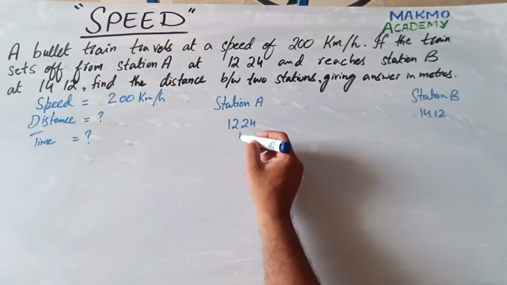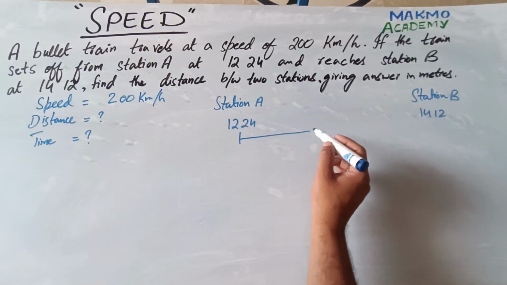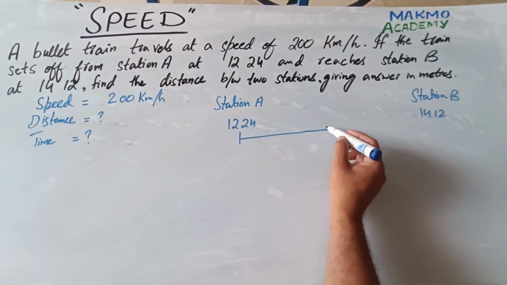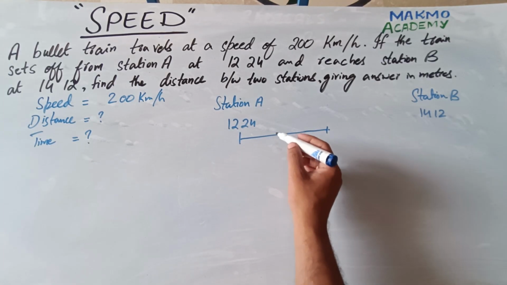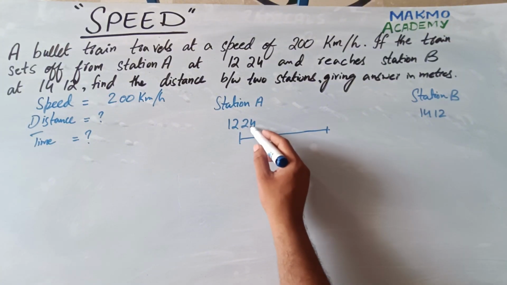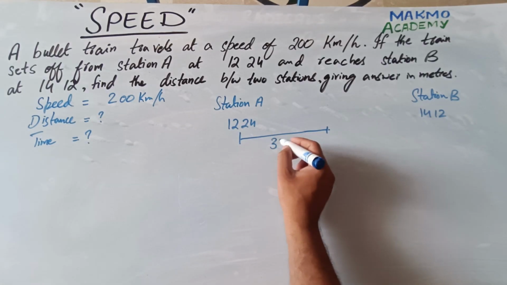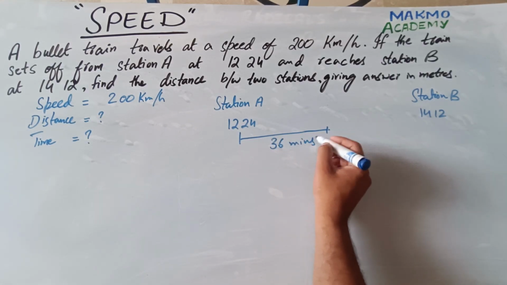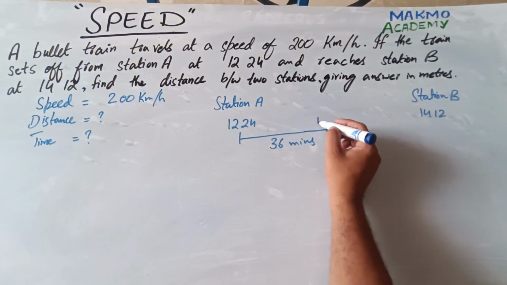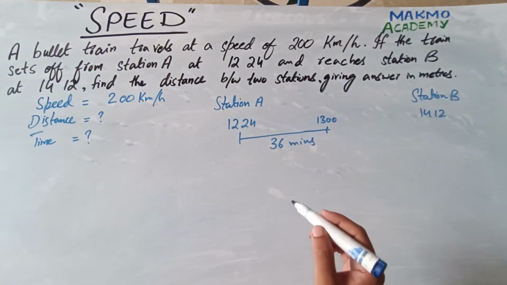So which means that first of all we need to add how many minutes to reach at, for example, if we will add 36 minutes, so we would be at 13:00.